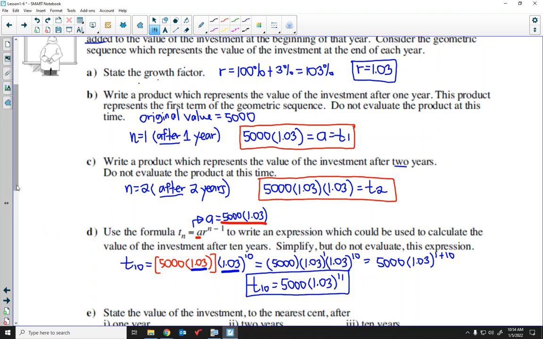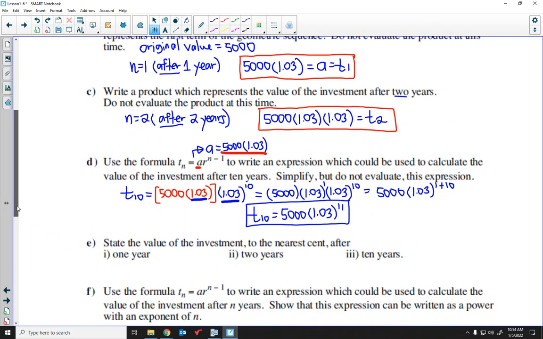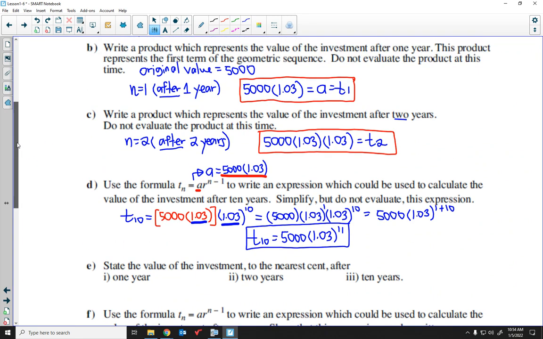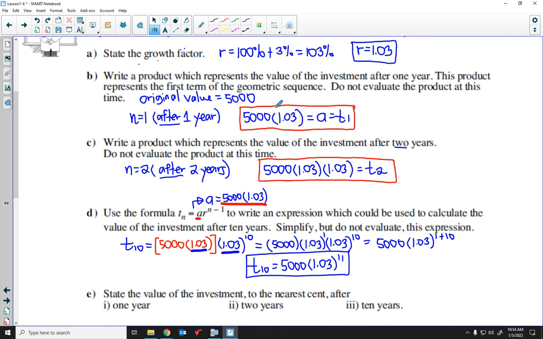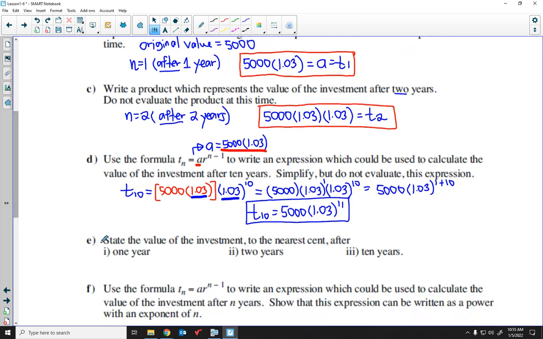Okay, now E wants me to actually go ahead and calculate these different numbers. Okay, so what's the value of the investment after 1 year? Well, now we can just go ahead and calculate that. So let's plug that into our calculator. That would be 5,000 times 1.03, which would be 5150. We're going to go to the nearest cent. So 5150.00.